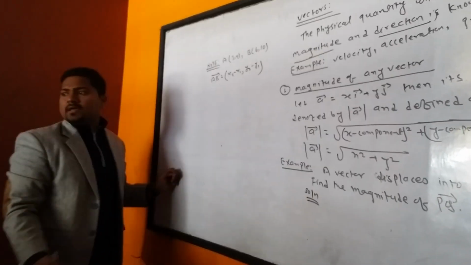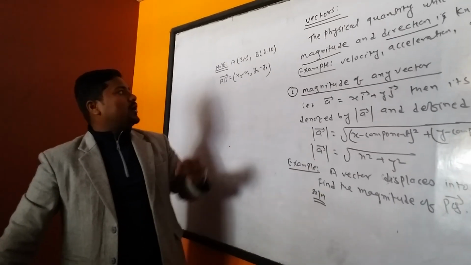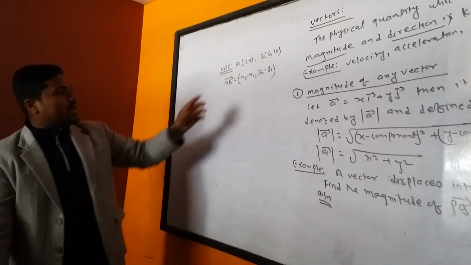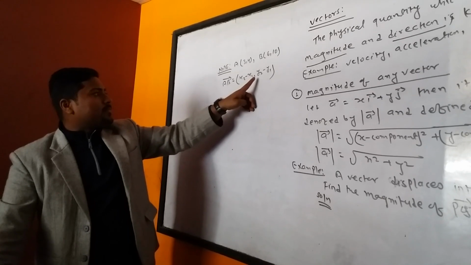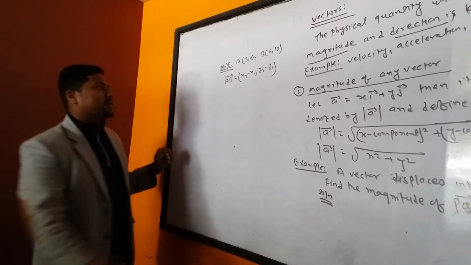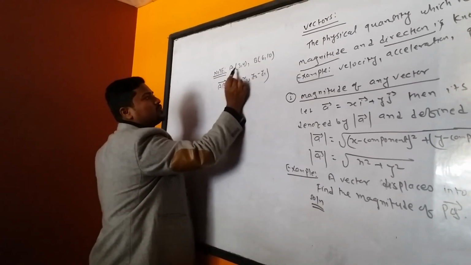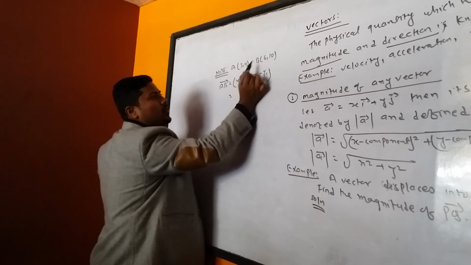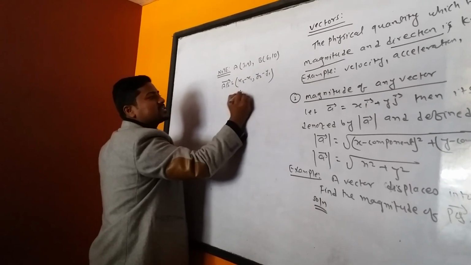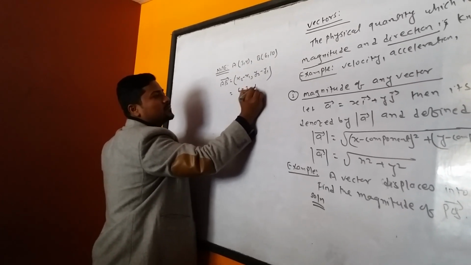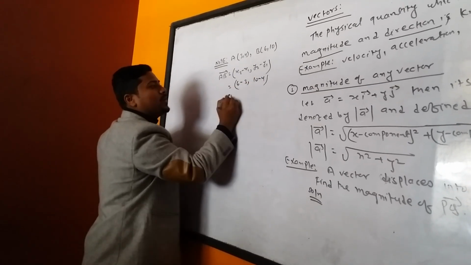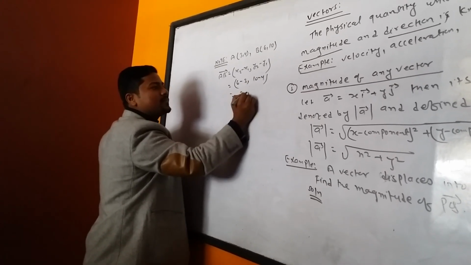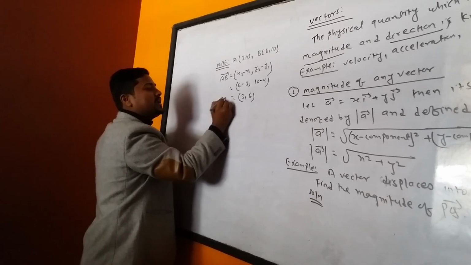Here x2 is 6 minus 3, y2 is 10 minus 4, so we get 3, 6. In this way we can get AB vector.